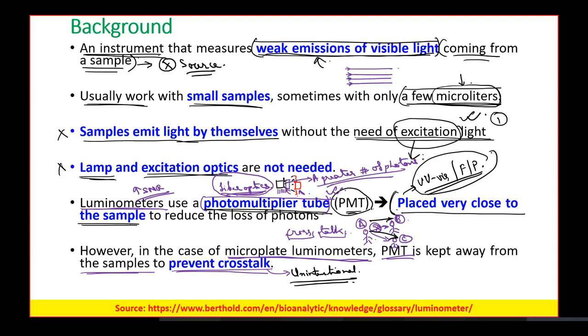And then it can carry it to a distant place where the PMT has been kept. But the collection of light over here is from as near as possible to the cuvette. Am I clear now?